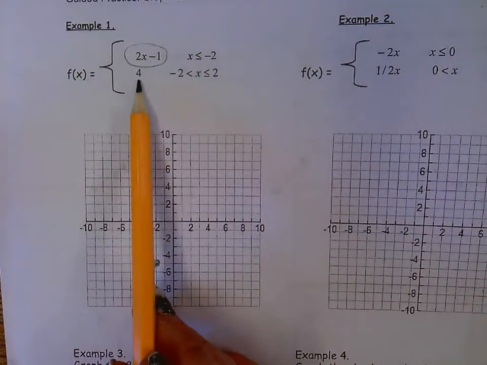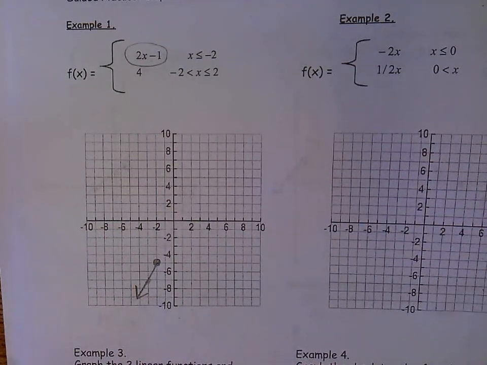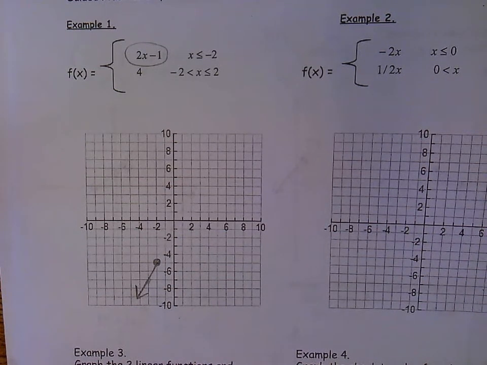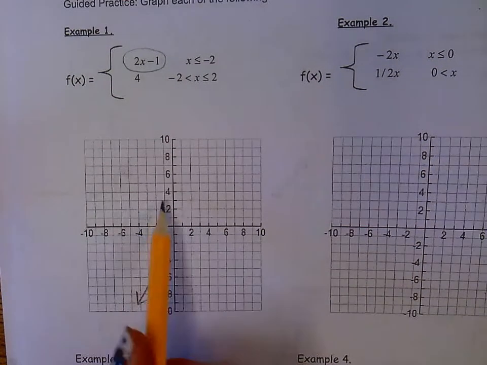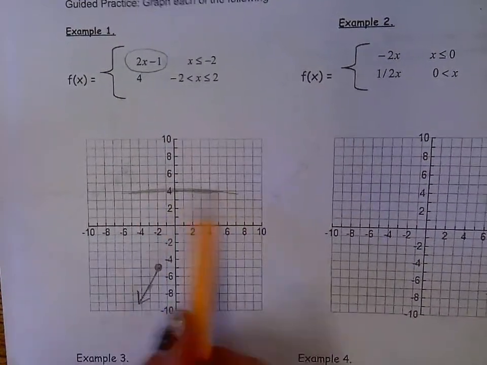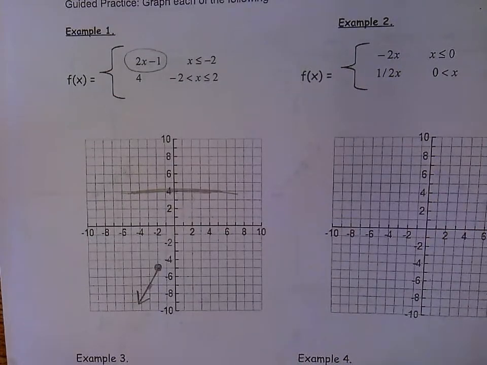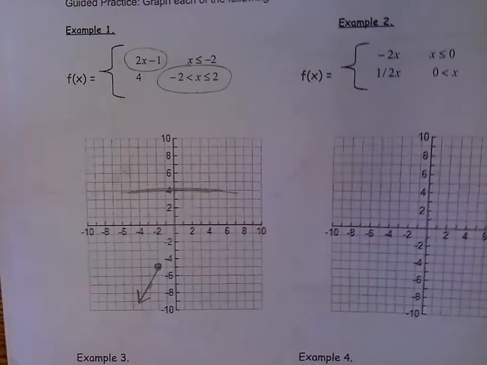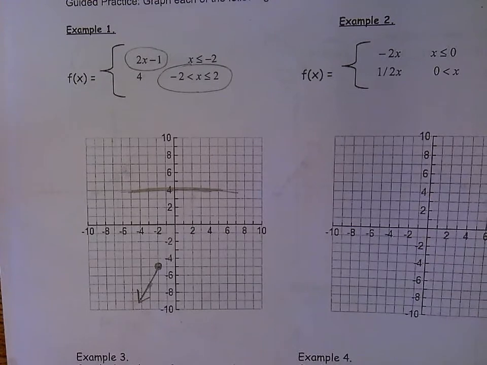What does 4 mean? So it really means y equals 4, right? Because there's an f of x equals, so this is really y equals this, y equals this. Y equals 4 is a horizontal line. It's a constant. All right, so it's a horizontal line, but where do I need to erase it to stay between? X has to be between -2 and +2.